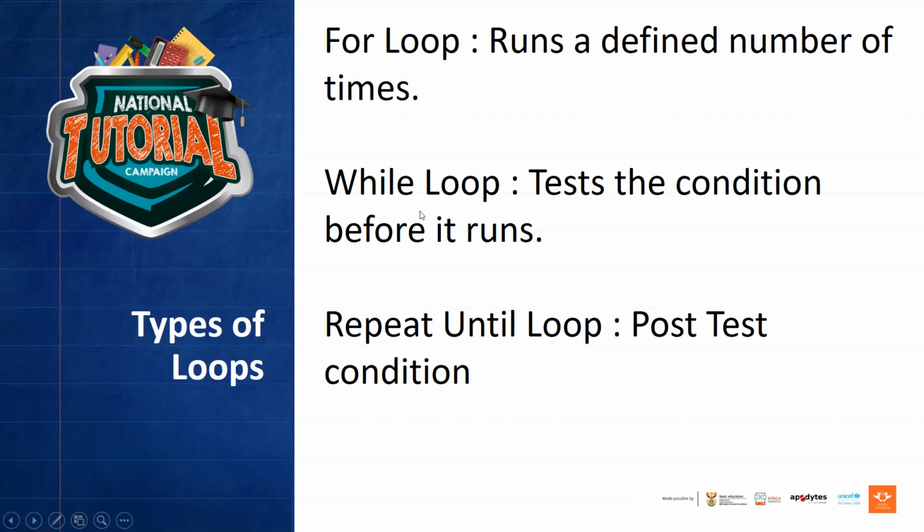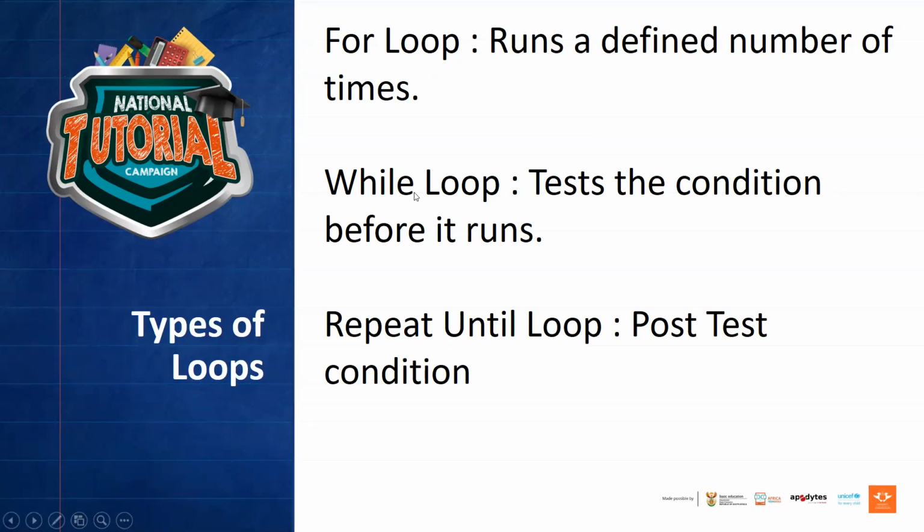So there you are, three types of loops: the for loop, the while loop, and the repeat loop. In your theory exam, you might be asked to differentiate between a for loop, a while loop, and a repeat loop. You make sure that you specify that the for loop runs a specified, known number of times.